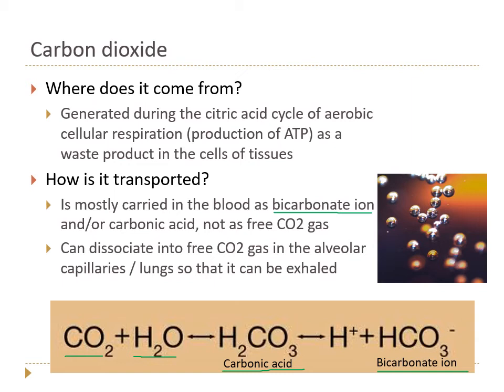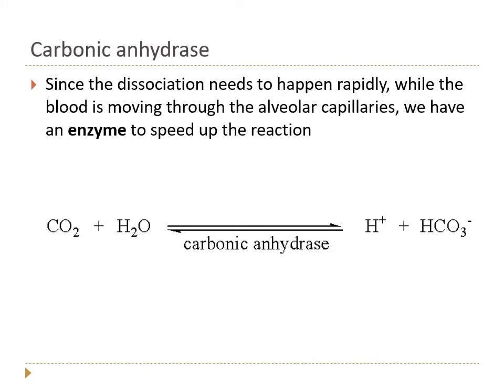When it's produced in the cells, the reaction is going to move this way. And then when we get to the lungs, we're going to move it back this way into a free gas so that it can move out into the air and be exhaled. We need to do this really, really quickly. And anytime you need a chemical reaction to happen really quickly, you need an enzyme.